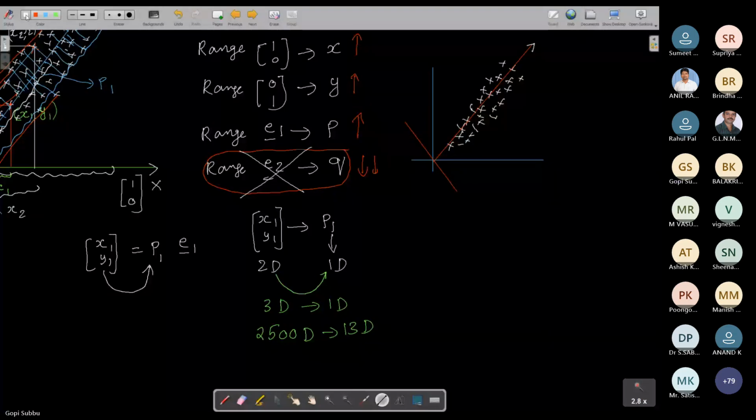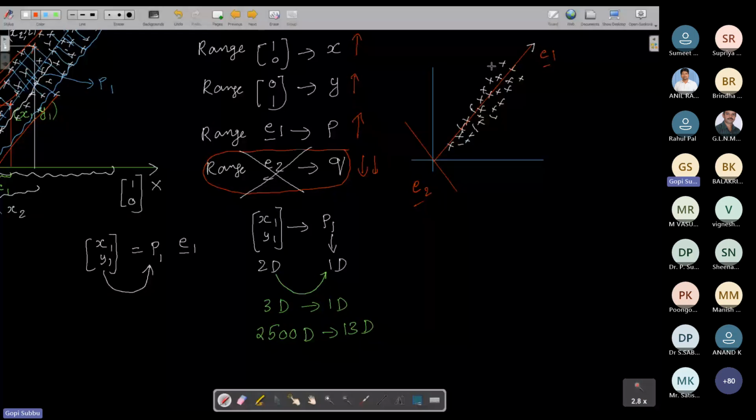Two basis vectors we are identifying, E1 and E2. This direction shows the direction of the maximum variance of the data after projecting to that line. So what does it mean?